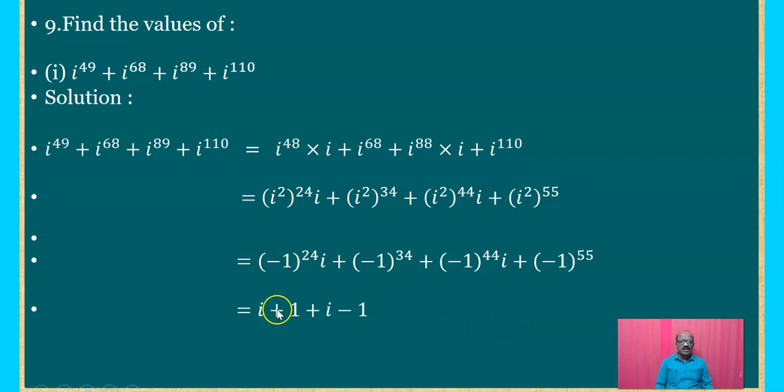Overall you will get i plus 1, next is i, and last is -1. Plus 1 minus 1 get cancelled, i plus i is 2i.